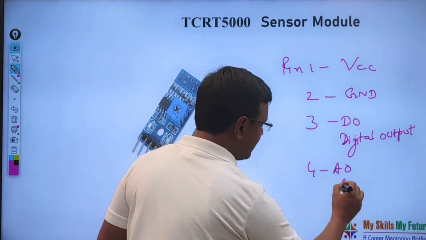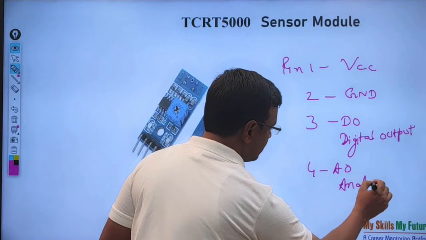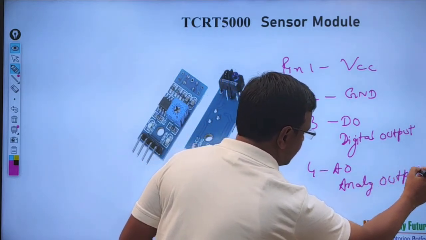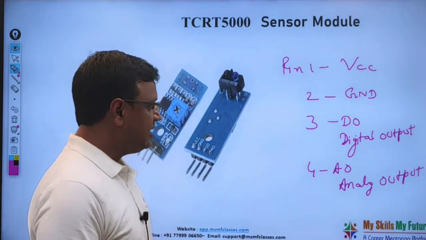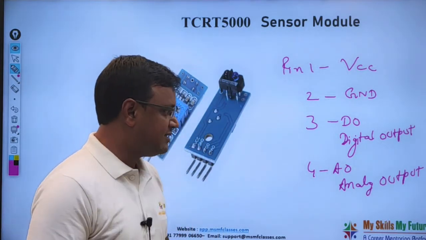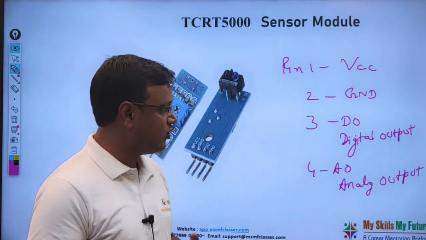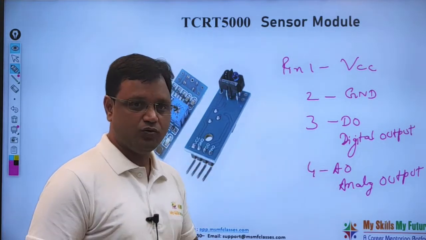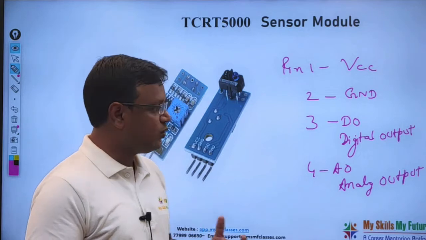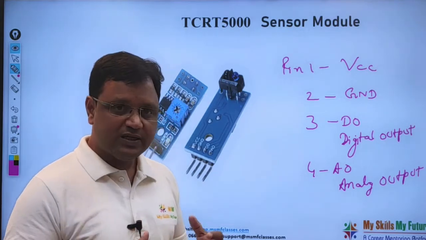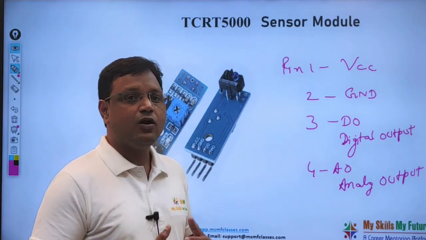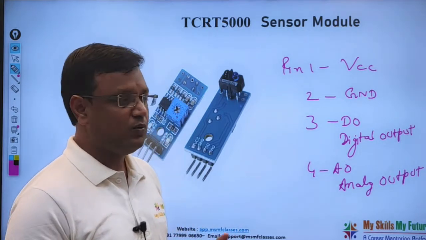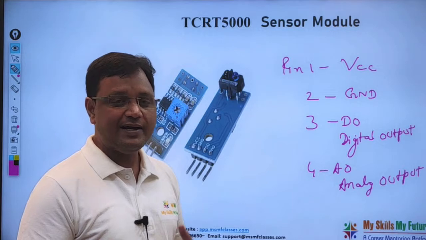AO is nothing but analog output, right? Today we are not considering the analog output pin in this session, but we are focused on the digital output. What is digital output? Suppose if an object is present, it will say object yes. If an object is not present, it will say no. Means it is digital in nature, binary in nature.